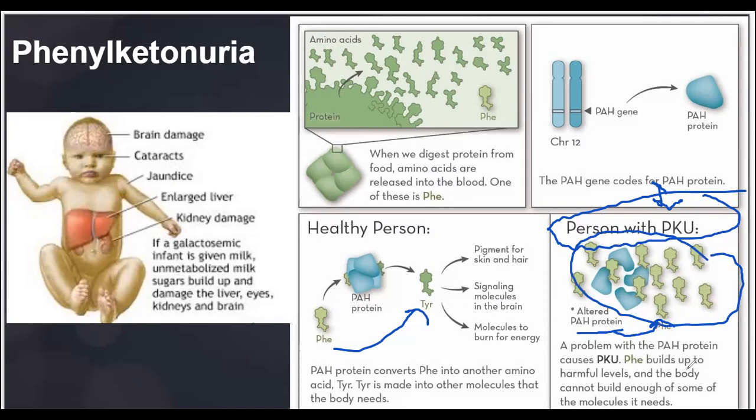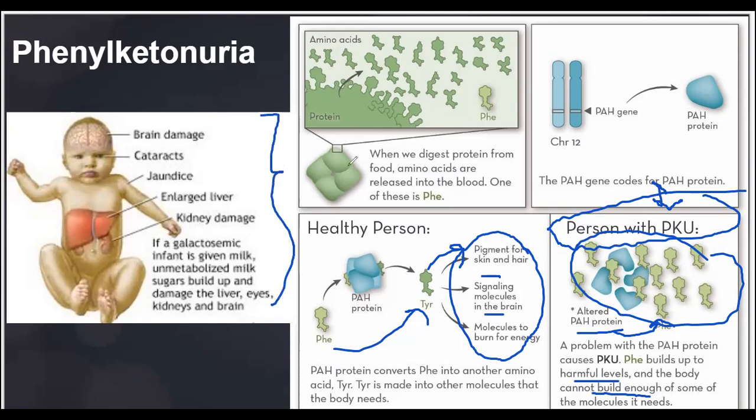This phenylalanine builds up to a harmful level, and the body cannot build enough of the molecules it needs. Tyrosine is required to make some molecules in these metabolic pathways, so that is not getting made, and it results in these direct and indirect symptoms in the person's body.